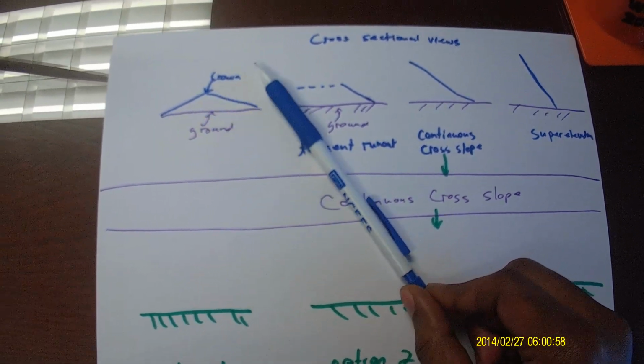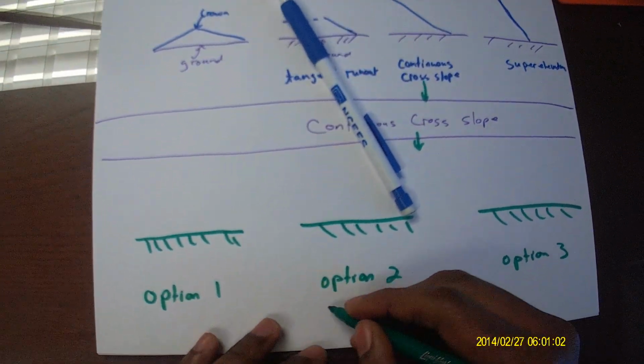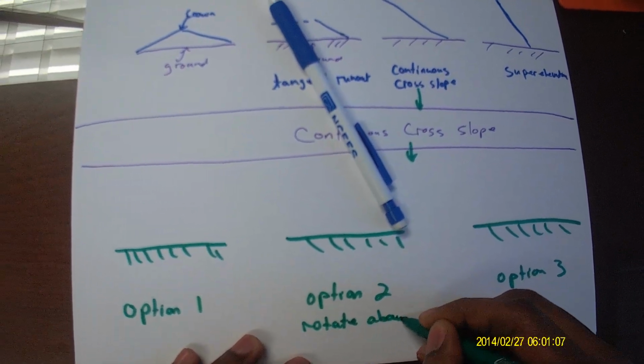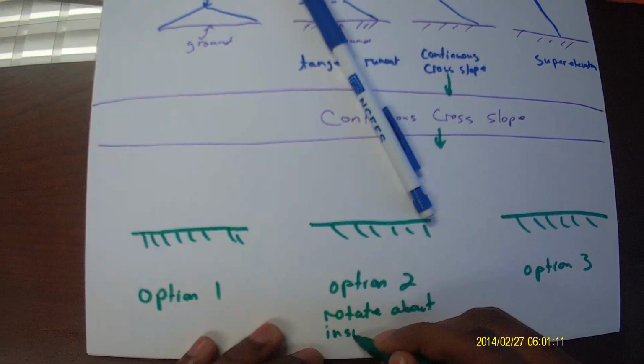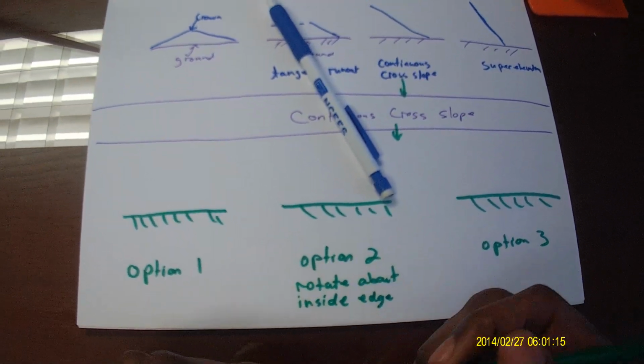So I can rotate about the inside edge and super elevate it that way. So option 2, we'll just call it rotate about the inside edge.